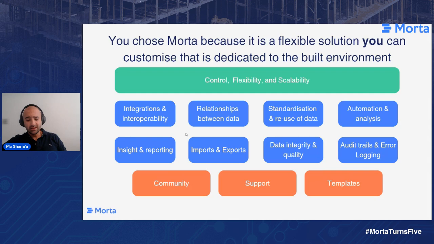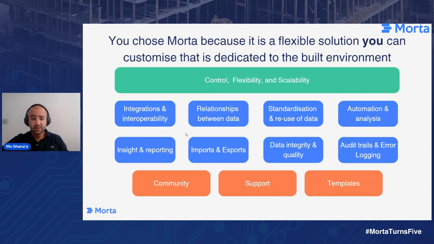Automation and analysis. That's always, again, been one of the key reasons that people choose the platform. You want to automate and streamline your processes and make them less intensive. And there are various ways, both within the platform directly, but also by extending the platform and integrating it, for example, with things like Power Automate. You can automate more and more of your processes.